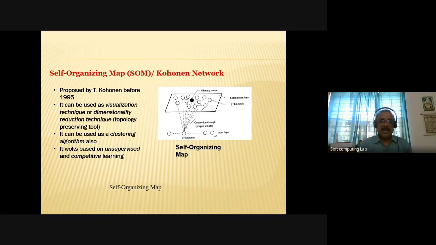Now this 11 dimensional data, we cannot visualize, because we human beings could be very intelligent, but our limit is only up to 3 dimensions. Whatever is there up to 3 dimensions, we can visualize.